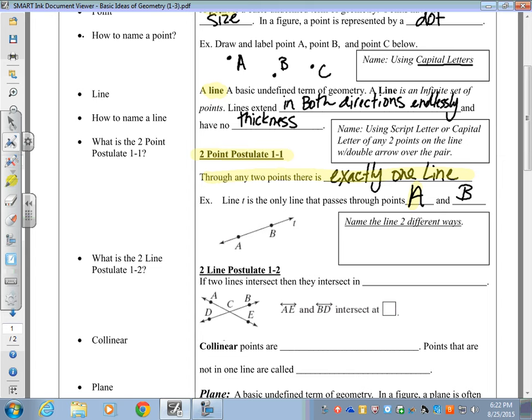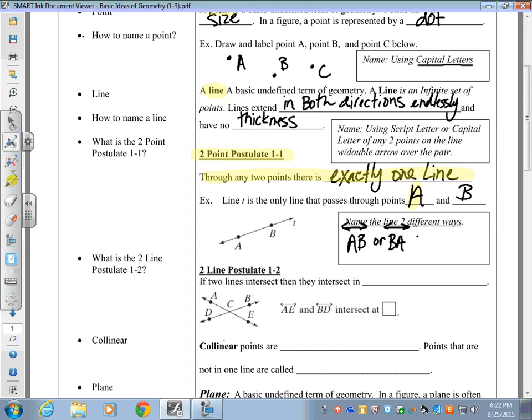We name a line 2 different ways. Basically, with the 2 points that contain that line, that are on that line, and we would use capital letters, so point A and point B, and we would put a line symbol above the points. I'm hoping you can see that. Now, order does not matter. So line AB is the same thing as BA, as such.